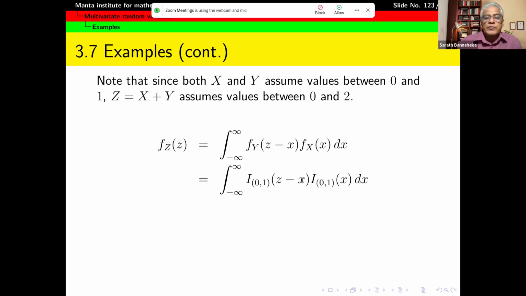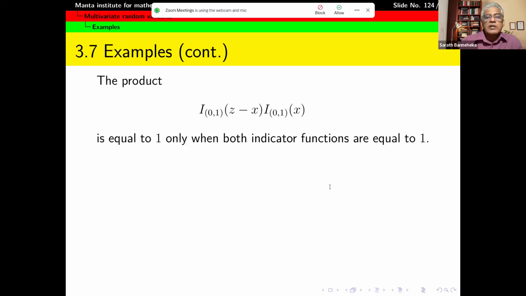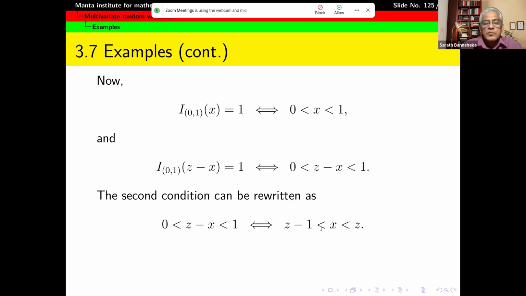This function will be equal to 1 only if z minus x is in this interval. This function will be equal to 1 only if x is in this interval. So the product will be equal to 1 if both of those things happen. That means z minus x has to be between 0 and 1, and also x has to be between 0 and 1. So I can write that as the product of those two, equal to this expression here.